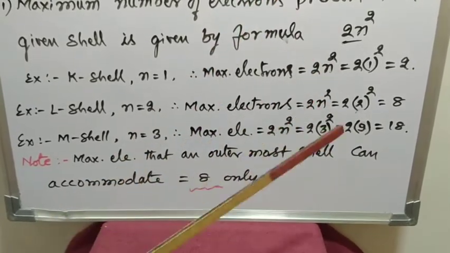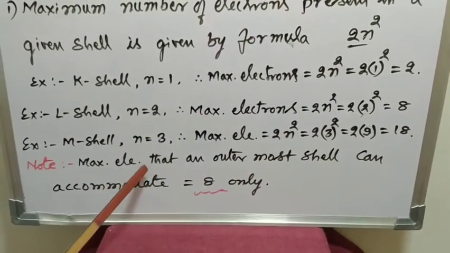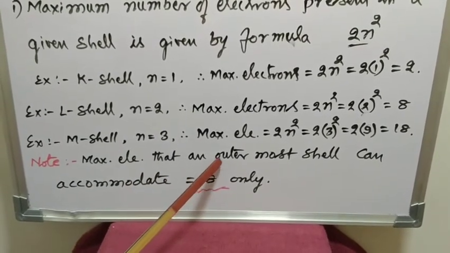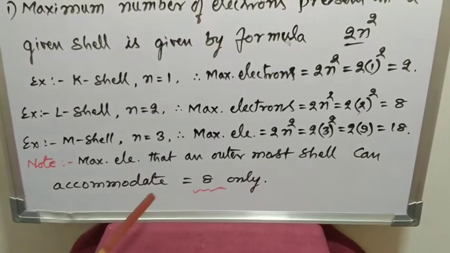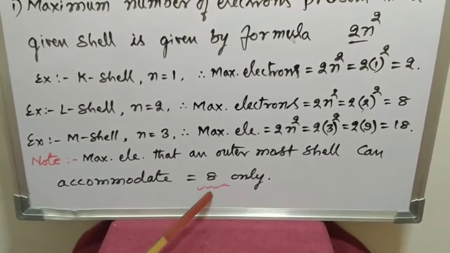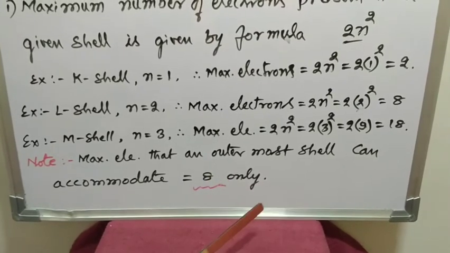That is maximum only. Maximum electrons that an outermost shell can accommodate is 8 only. So this is another important point we should remember.